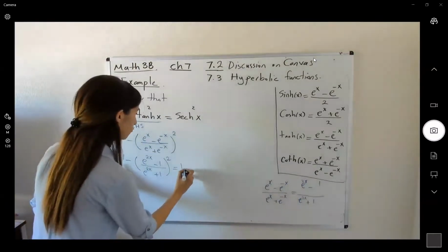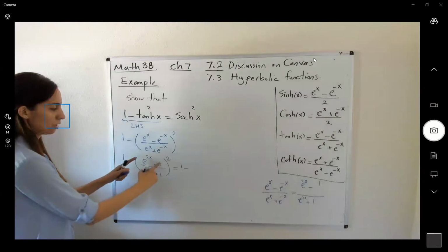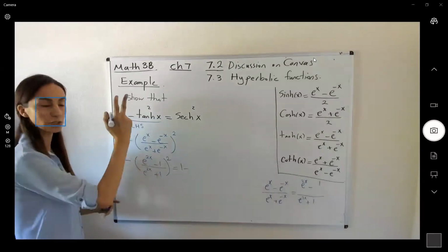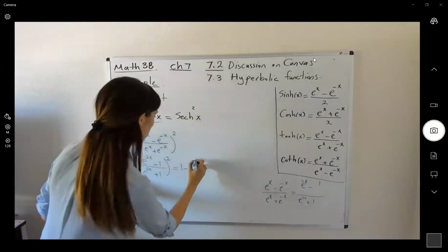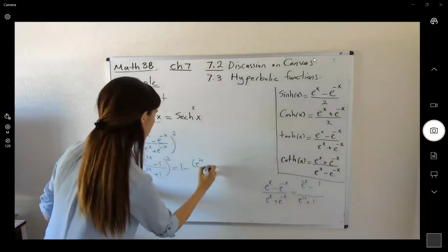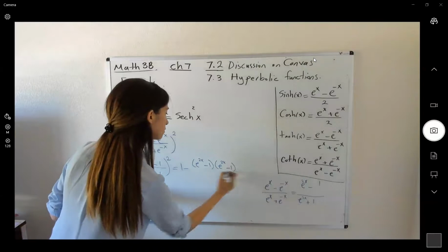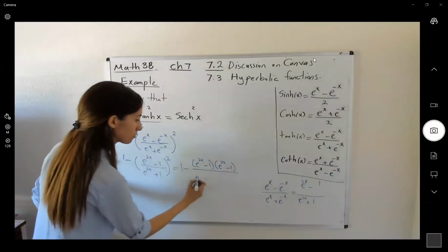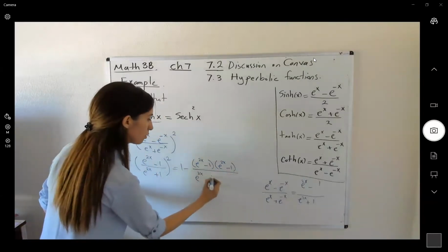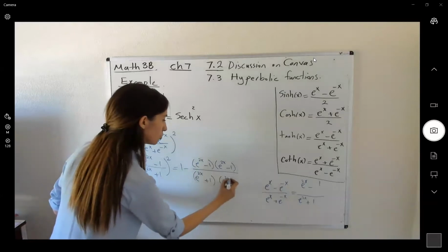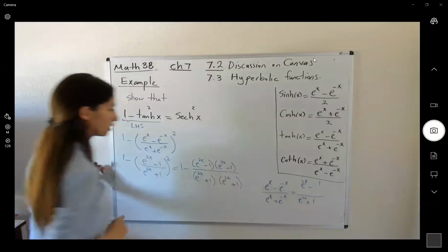Well, I have 1 minus, I can take the numerator, raise it to the second power. So I have e to 2x minus 1 times e to 2x minus 1 divided by e to 2x plus 1 times e to 2x plus 1.